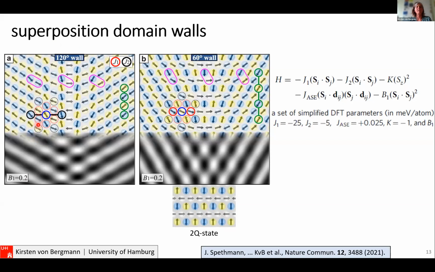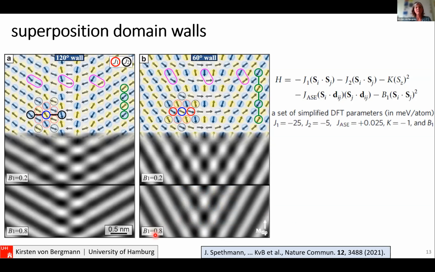wall evolve. And this is the spin structure that we find for the 120-degree wall and for the 60-degree wall. And in particular here, this one is a little bit wider. You can see the resemblance with the 2Q state. So indeed, within our model here, the 2 rotational domains merge to make a 2Q state in their center.